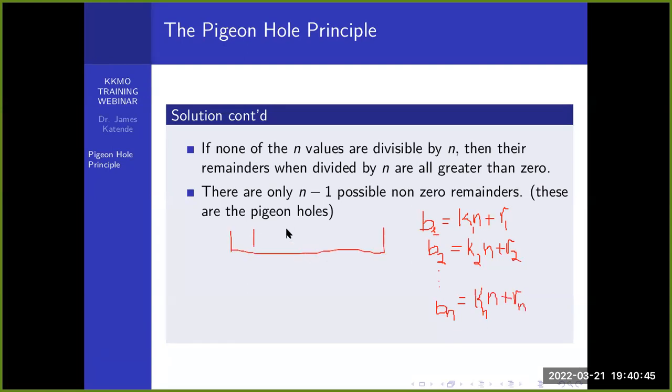We have only n minus 1 of those, right? I have n remainders, and I need to pull them out of these n minus 1 possibilities. So it means I must repeat one of them. So at least two of these remainders will be equal.